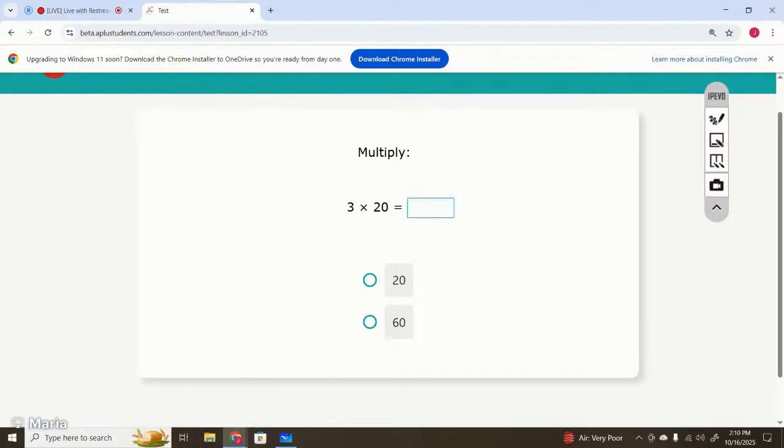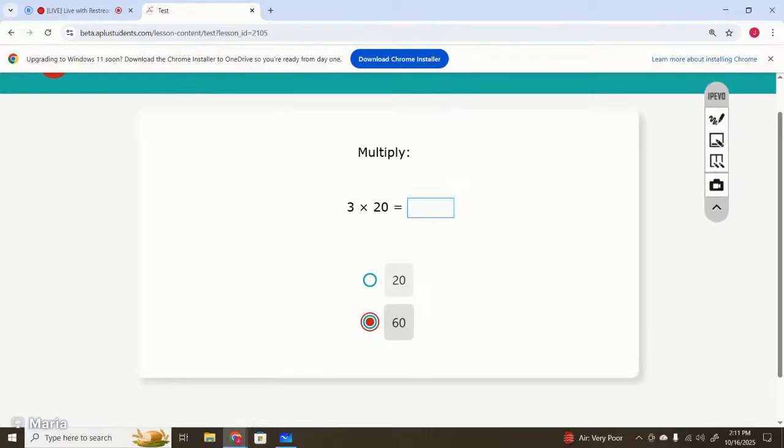3 times 20, which is the correct option? 3 times 2 is 6, so that is 60.